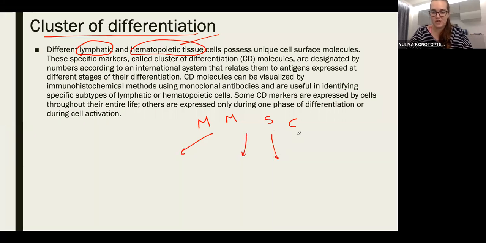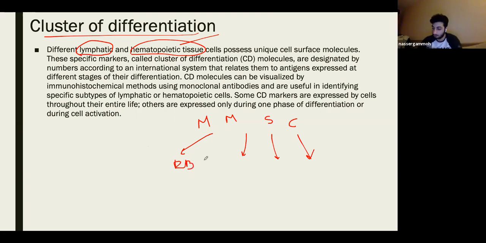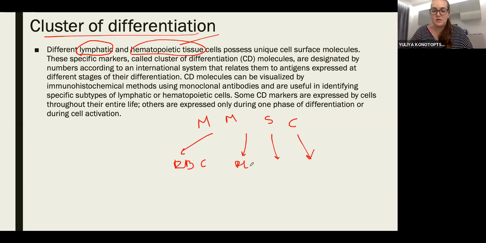What are those 4 types of cells? As I have just told you, your red blood cell, your platelet, your granulocytes, and your monocytes. Why are lymphocytes not here? Because they don't come from the multipotential myeloid stem cell. They have their own stem cell, which is called the multipotential lymphoid stem cell.